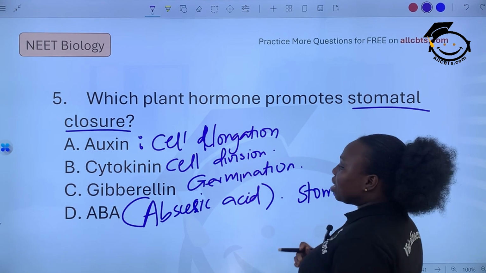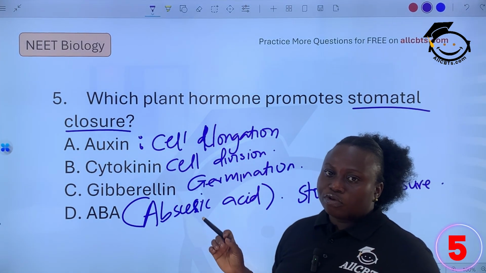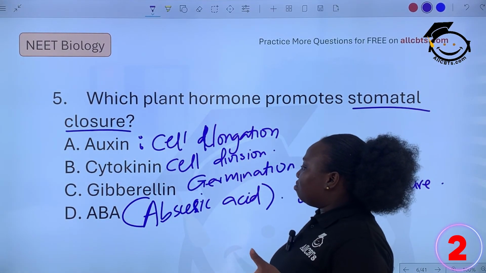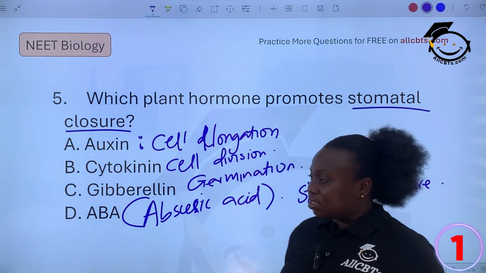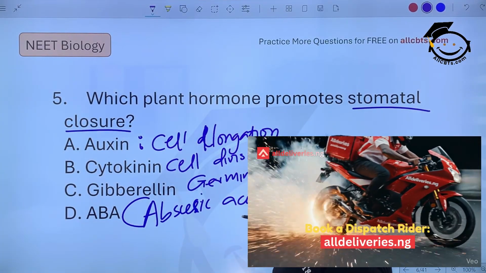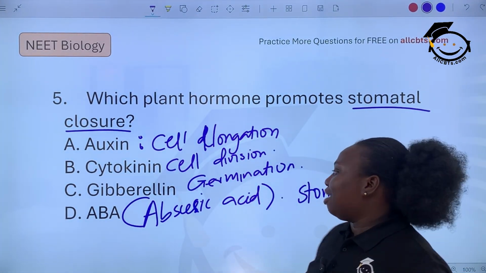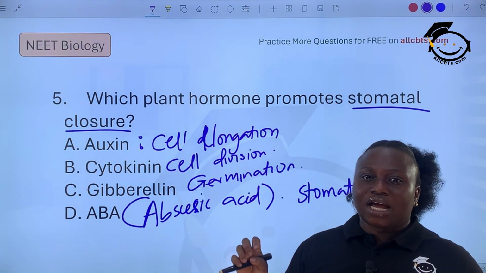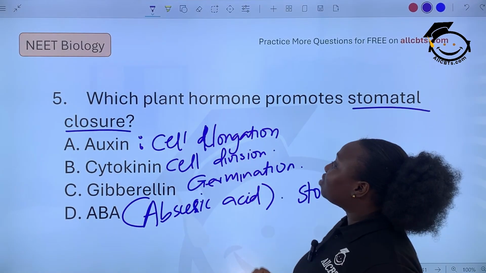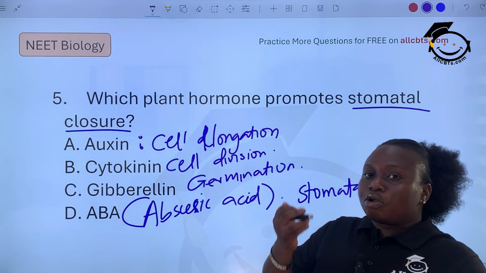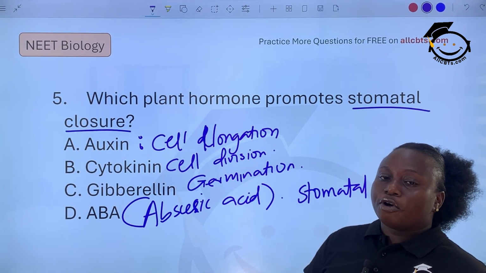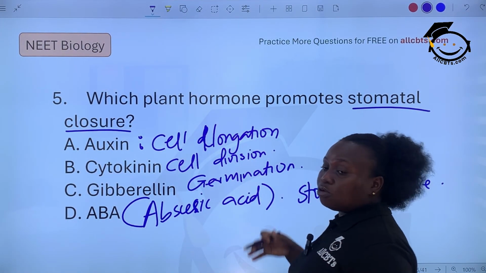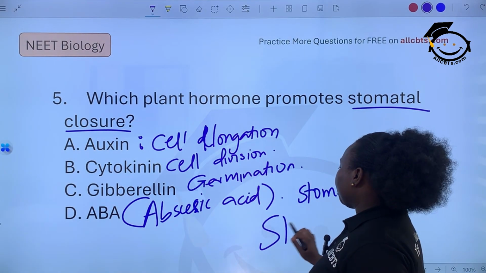How does it do this stomatal closure? During times when the weather is very hot, for example when there is drought, during these arid seasons, this hormone, abscisic acid, will be released in plants. The function of this hormone is to reduce water loss. Don't forget that transpiration is the upward loss of water from the plant, and the part through which they lose that water is the stomata.